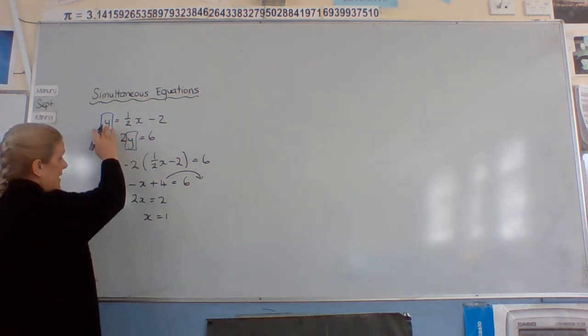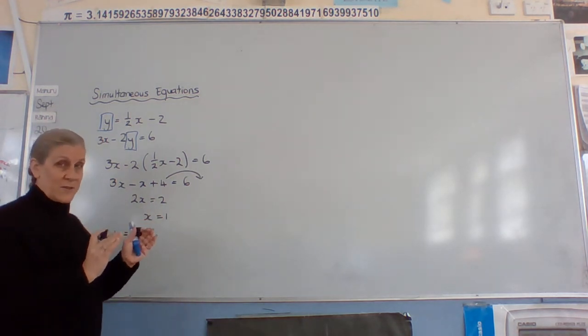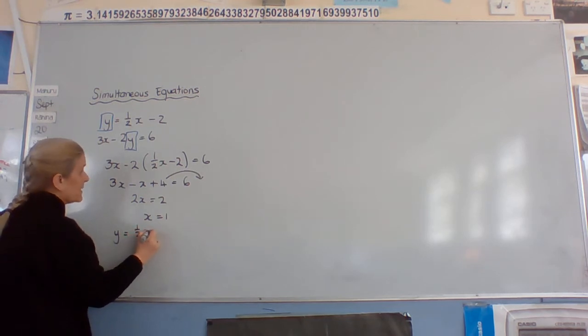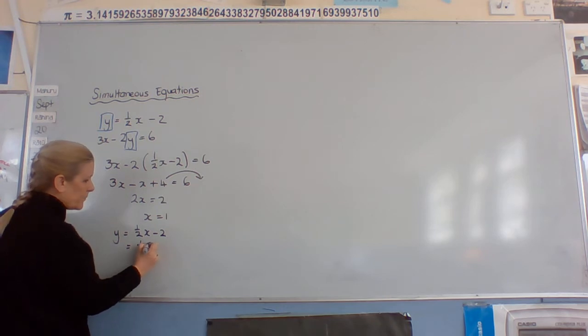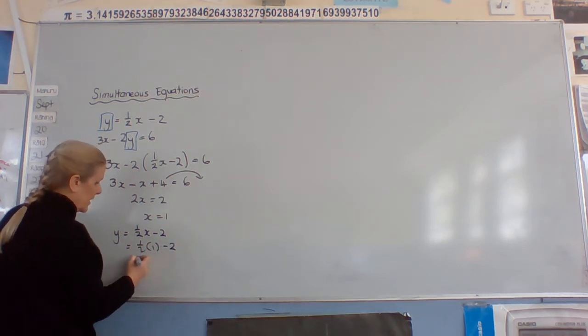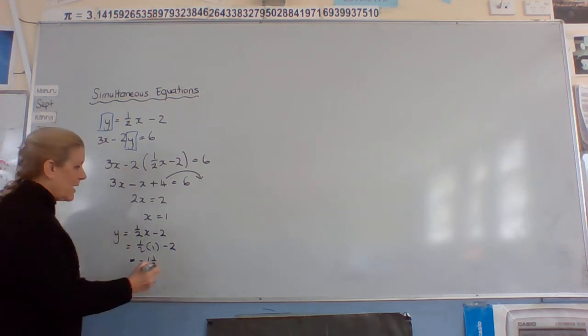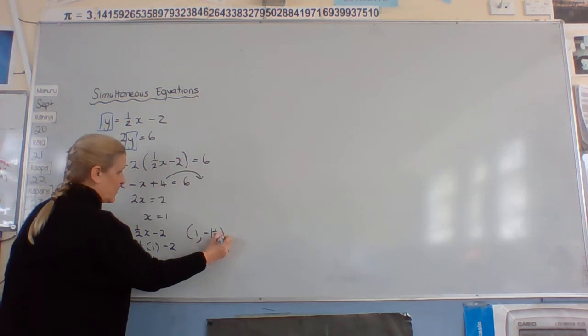Now we're going to go back to here and find out what the y value is because we're finding a coordinate on a graph, so it's important to find x and y. So y equals a half of whatever x is minus 2. So a half of 1 minus 2 is equal to negative 1 1/2. All right? So our answer is that coordinate, (1, -1 1/2).